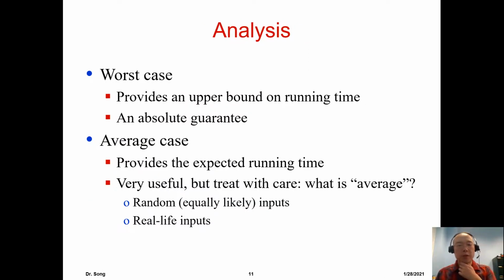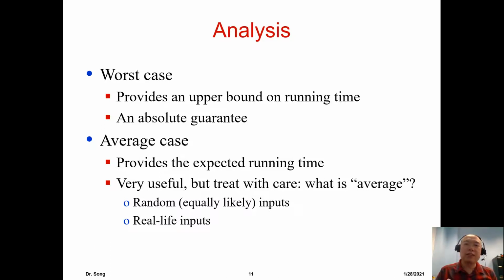Okay, so for the analysis, usually we don't worry too much about the best case. For example, if you're doing sorting, what's the best case? The best case is, say, you have all the values pre-sorted, and for a lot of the algorithms there's nothing to be done. But we are not discussing the best cases.